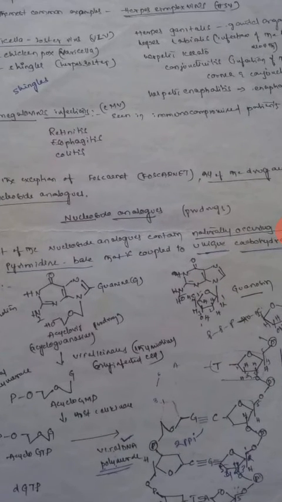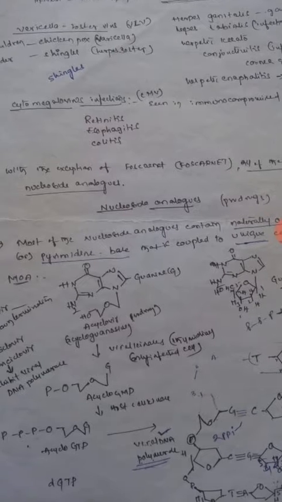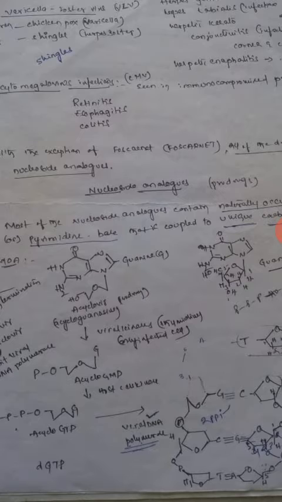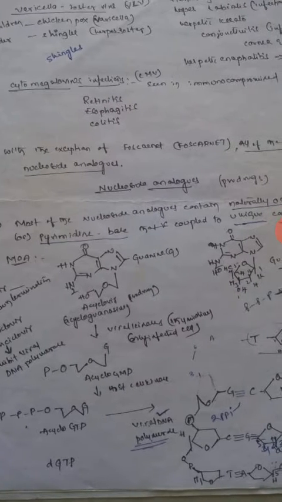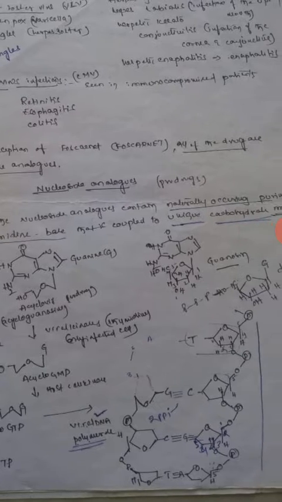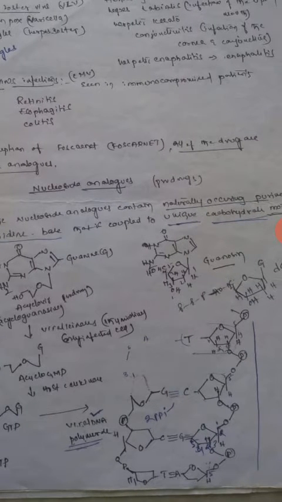What is a nucleoside? A nucleoside is a nitrogen base and sugar. The nucleoside analogs used for herpes virus infections are analogs of naturally occurring nitrogen bases and contain an unnatural carbohydrate.